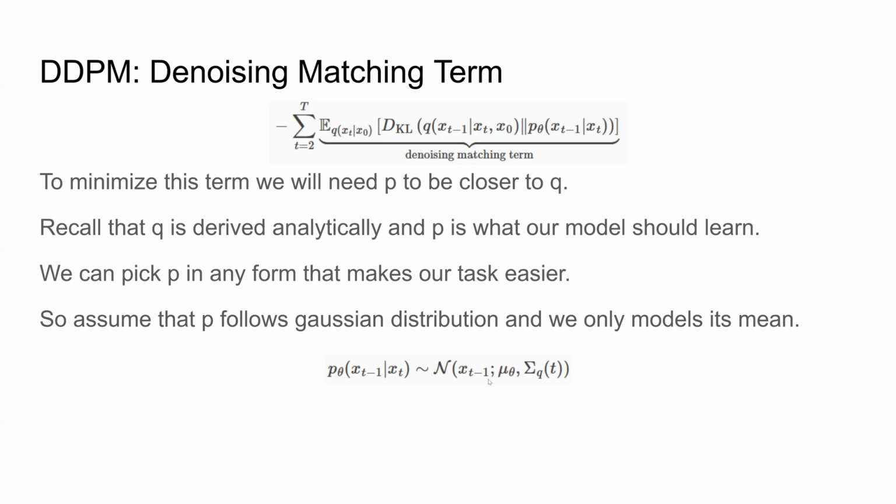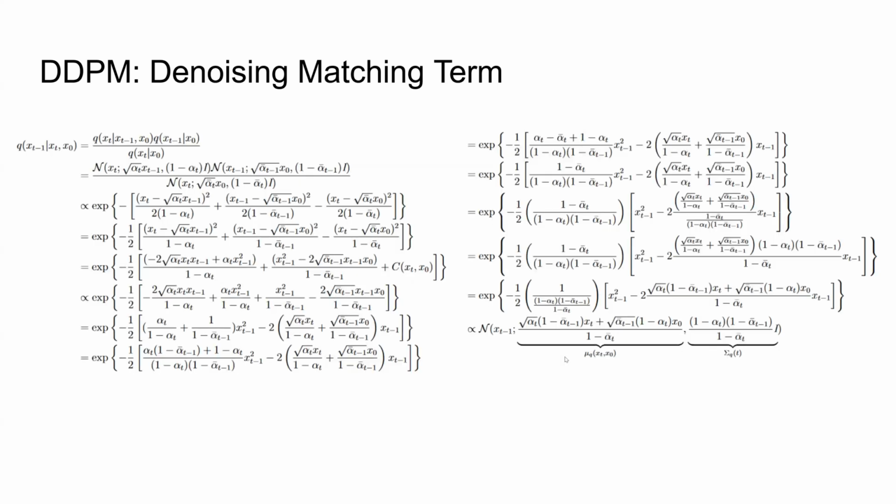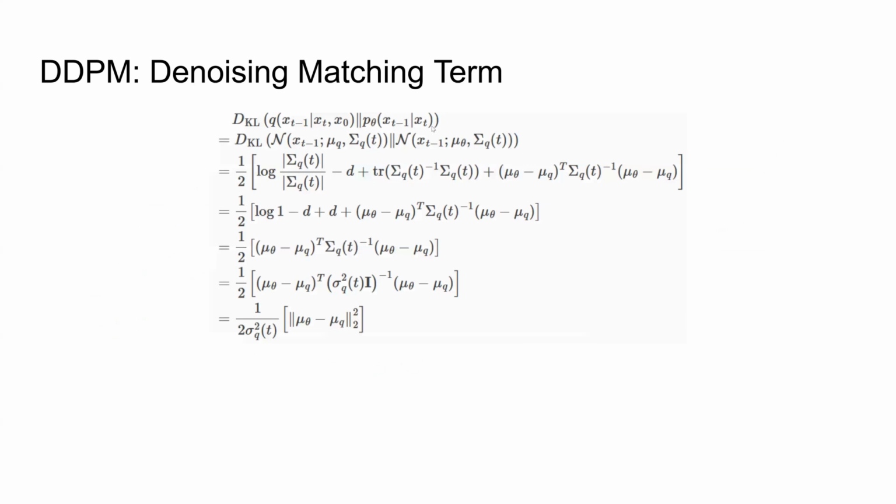So let's just take it as granted that when we model this reverse process, we actually just model the mean of the normal distribution, with this mean coming out of our model, and this variance the same as what we derived here. Okay, and let's solve this analytically, pretty much similar to what we should be doing for VAE, which we did not cover in detail.